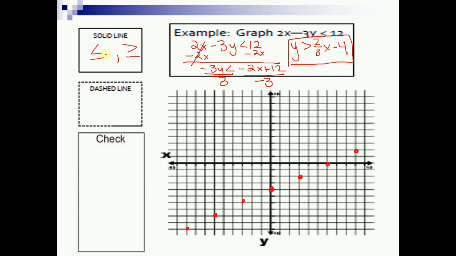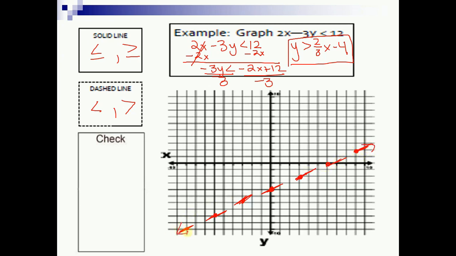Remember when you would graph inequalities on a number line, and you would draw the circle and fill in the circle because it was equal to? Same thing, you're closing the line up. Dashed line is either a less than or a greater than. So in this case, we have a greater than, so we're going to do a dashed line, which means I can't make a solid line. I've got to do this on my line here.